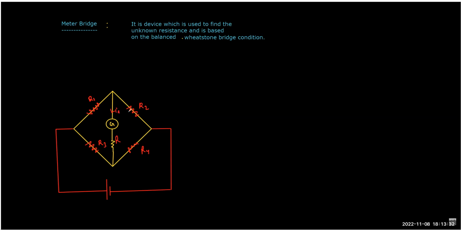So if I call this current as IG, in balanced condition, the current through galvanometer must be 0. So we can also call this as null deflection. So in balanced condition, this IG must be 0.